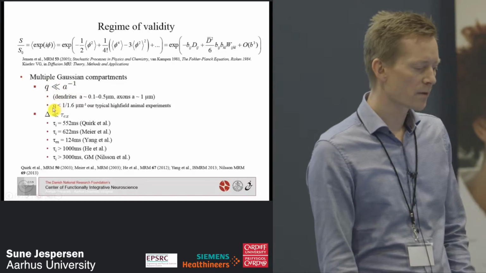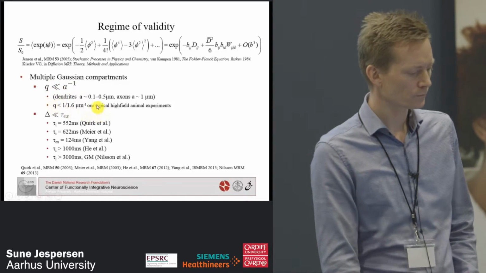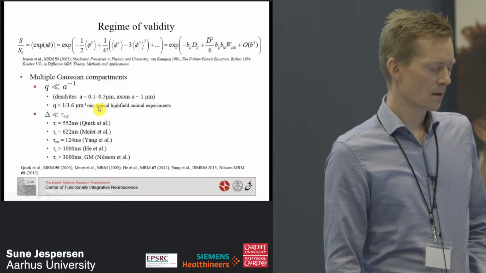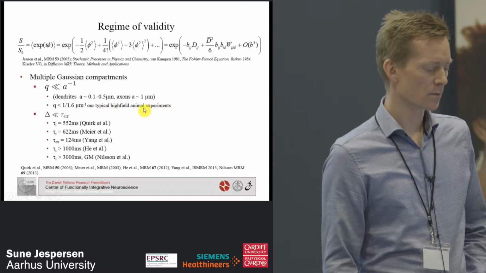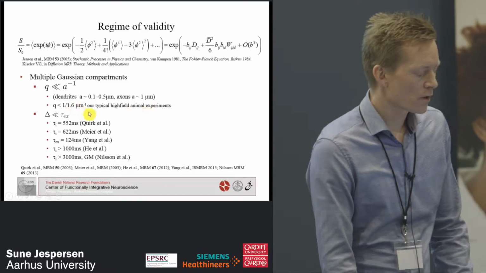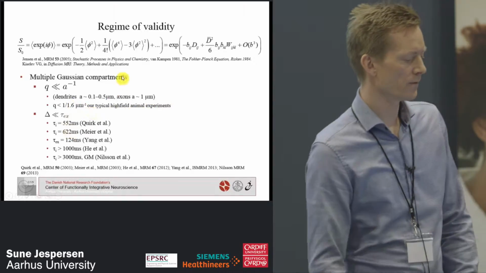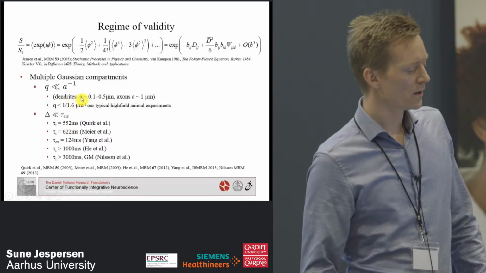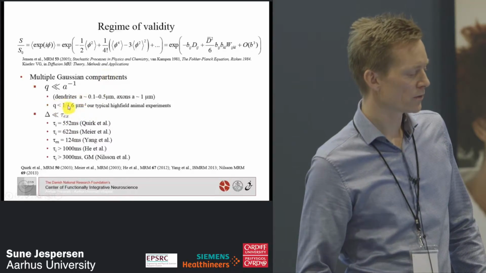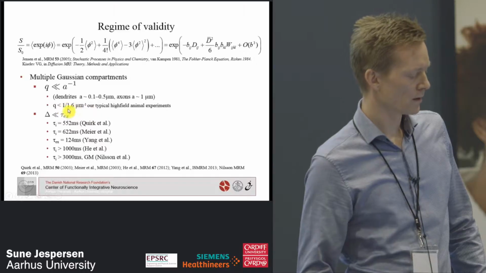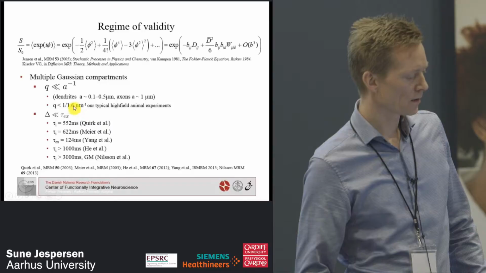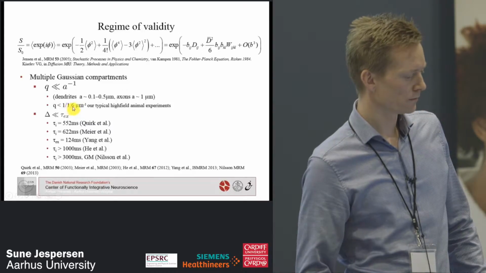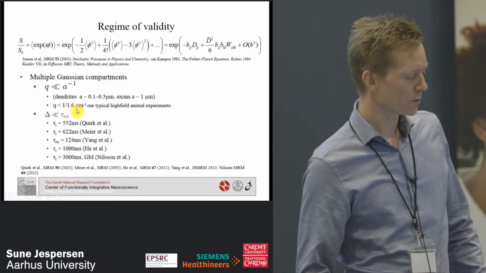So for our experiments where we have very, very high gradients, we go up to b values of about 15,000 typically in the animal scanners. I mean, we have very high q values, but the highest q value is actually below this, and that means that we are fine as long as we don't try to look at axons that are, you know, on the level of this 1.6 micrometers.